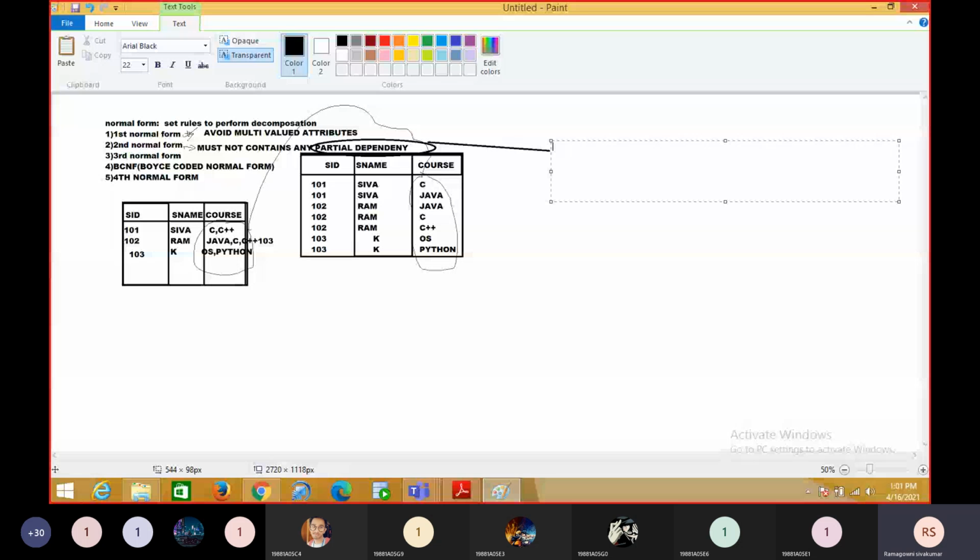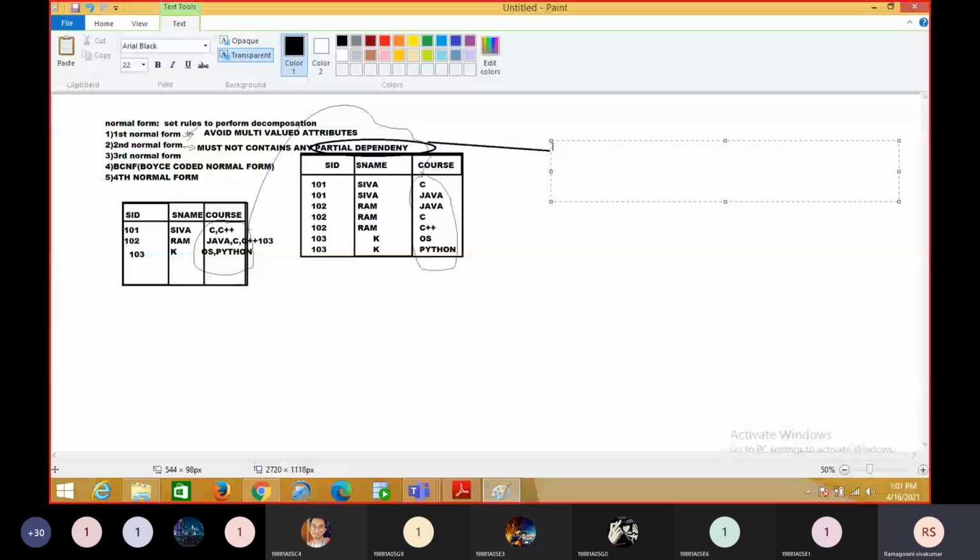We can decompose into multiple tables based on the normal form rules. Normal forms contain rules to perform decomposition. Each normal form has its own rule, and based on that rule we are decomposing.